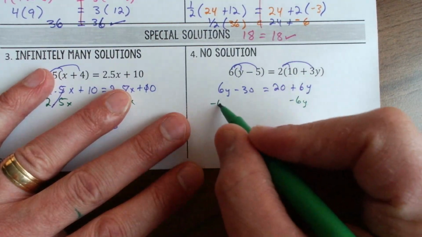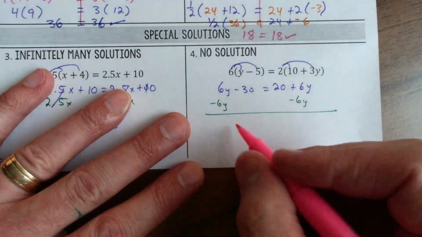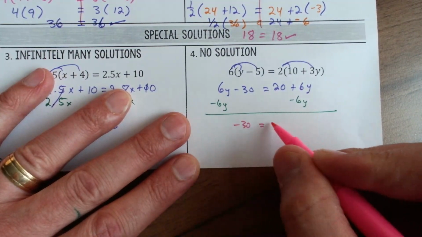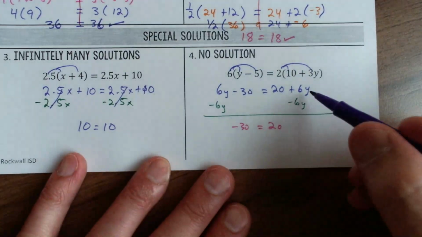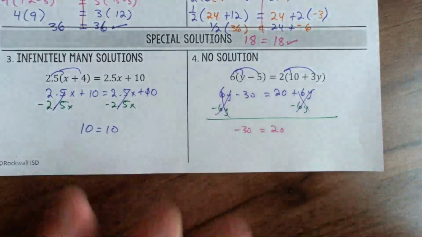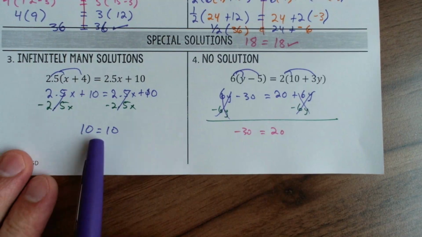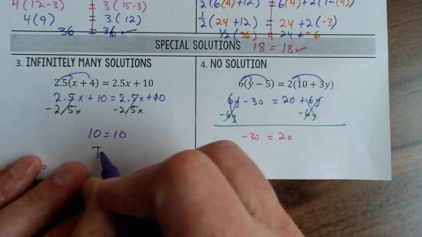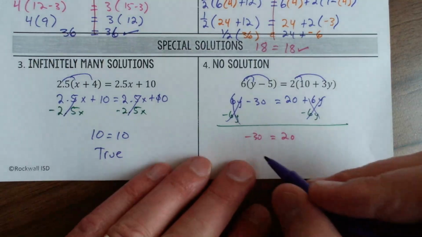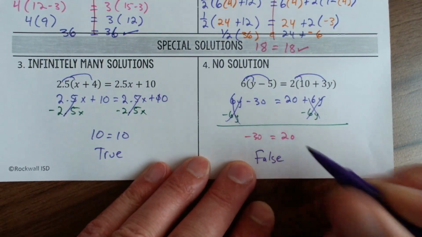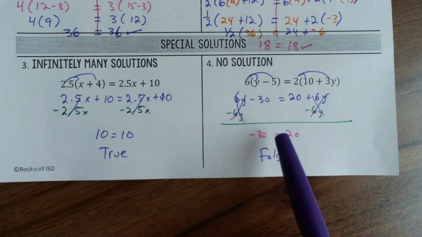So when I move them, I'm left with negative 30 equals 20. Because these eliminated themselves. So now, instead of having a true statement, which means every value works, here I have a false statement. And when a false statement shows up, that means nothing works.